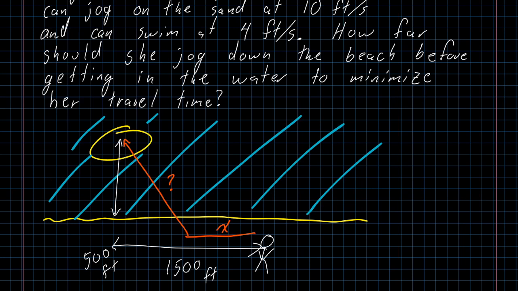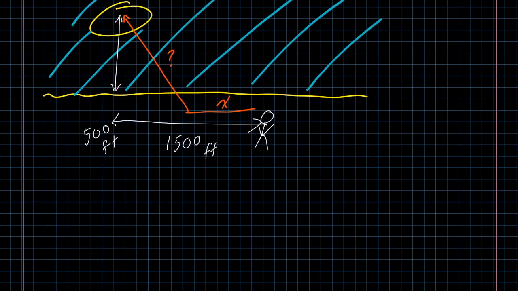Well, if I get rid of all of the detail in this picture, I realize that the situation I am looking at has a right triangle. This leg of the triangle is 500 feet.